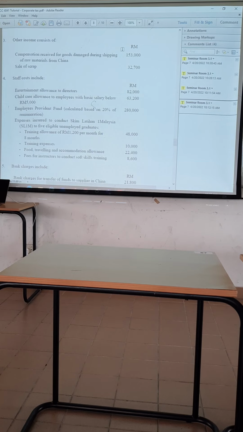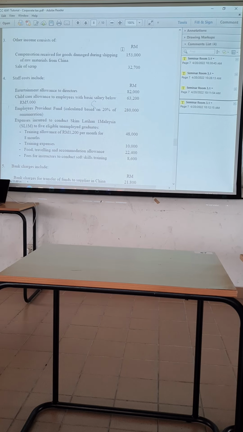So in this case, you send 5 employees, so the exemption given is 5,000 per employee. I'm not sure where, so you have to look back in your textbook. And this is 2019, so you have to go back to 2019. How much is the allowance given, or how much is the deduction or the tax treatment for this SLIM program?